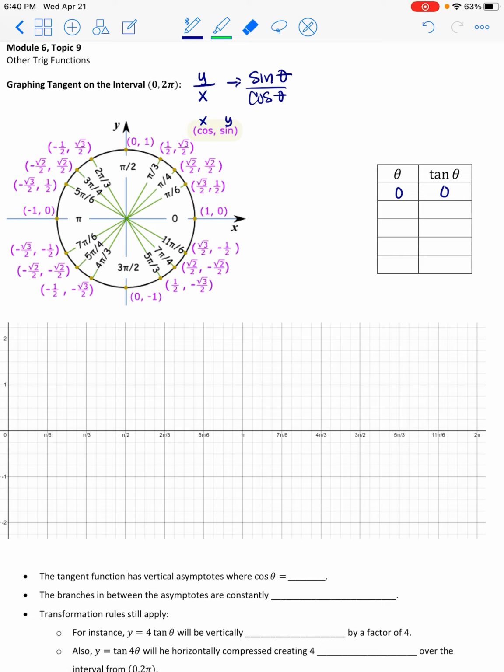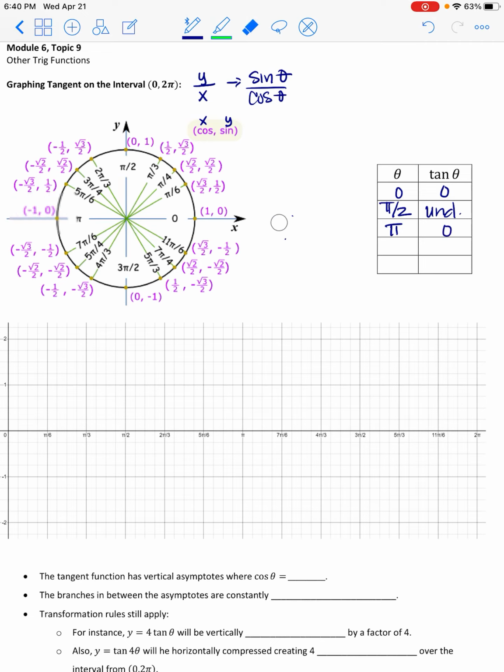And just for convenience, I'm going to skip through all this ugly stuff, and I'm going to go to pi over 2 radians. Pi over 2 radians, if I take the sine and divide it by the cosine, the y value over the x value, I get 1 over 0, and that's undefined. Again, for convenience, I'm going to fast forward to pi, and at pi, we're dividing y by x, sine divided by cosine, we get 0 again.